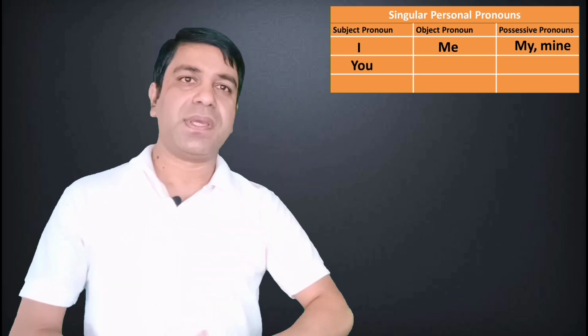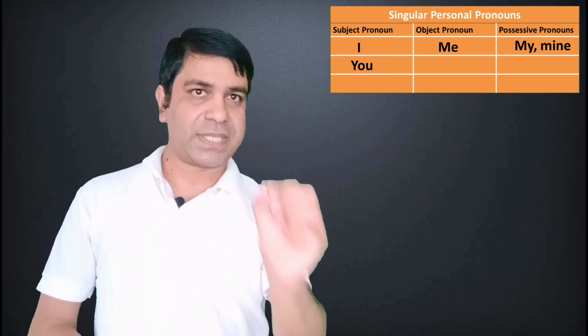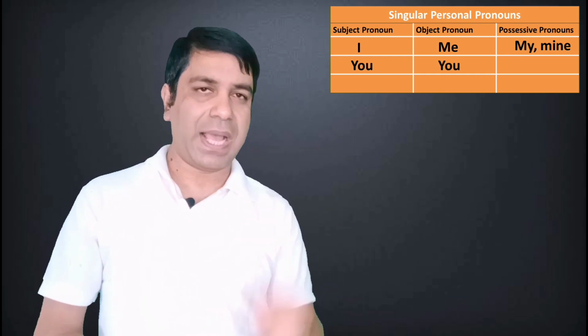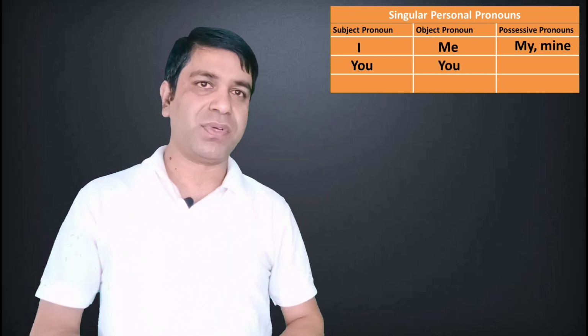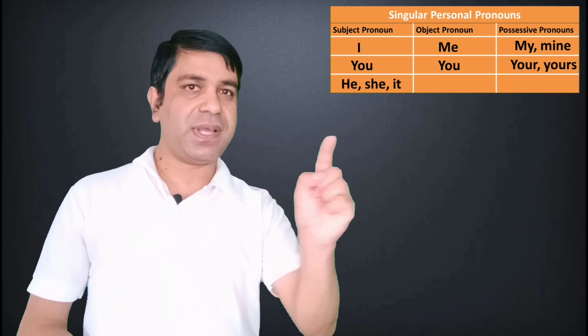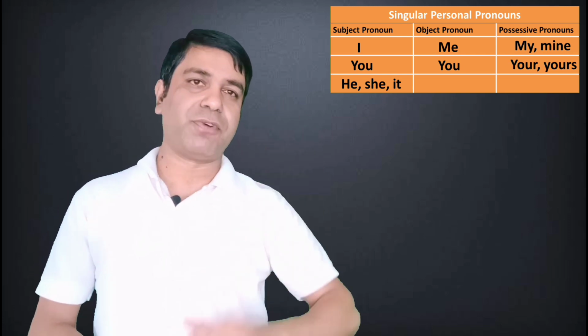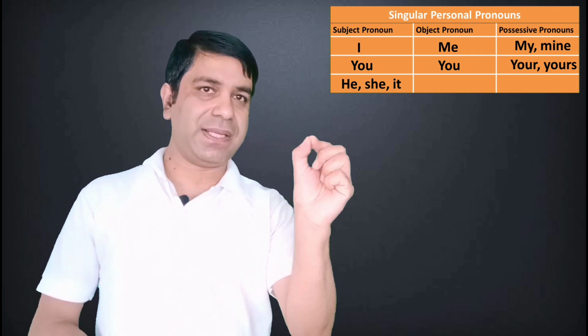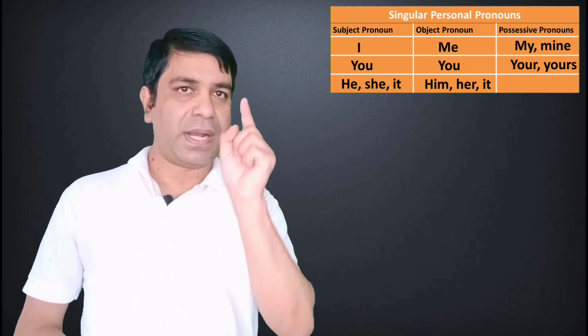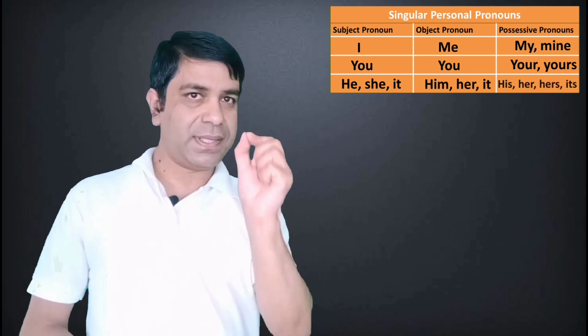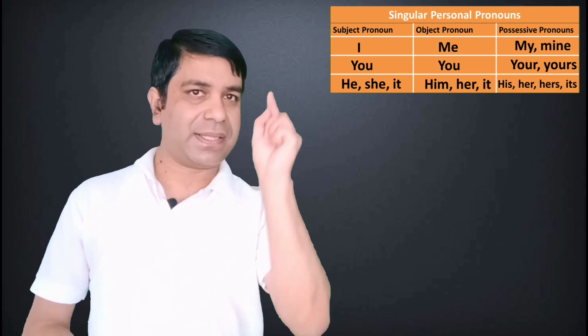Similarly, you is used as the subject and object pronoun, and the possessive form of you is your and yours. He, she and it are subject pronouns, and the object forms of he, she and it are him, her and it, and the possessive forms are his, her, hers and its.